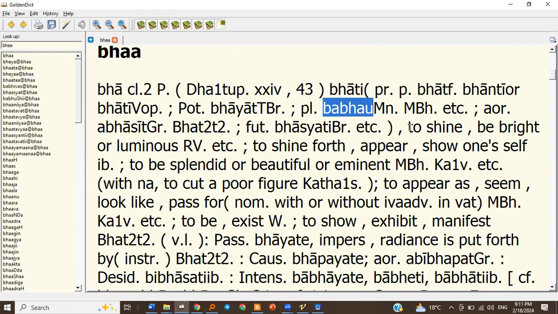Bha means to shine, to be bright, luminous. So these are the meanings. So this is the bha dhatu. So adhokshaja, litlakar. Bhaskara, the sun, is one form. Bhati. So many forms come from this bha.